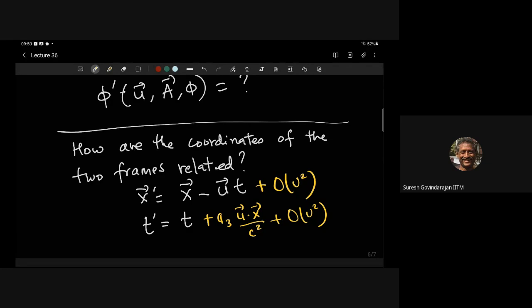But that we have tested to order U. We are very conservative. We are not looking at order U square terms. Okay, but suppose we got lucky. It just happened that A3 equals 0. We still need to check at order U square what happens, to see if Maxwell's equations and Newton's equations have the same symmetries.